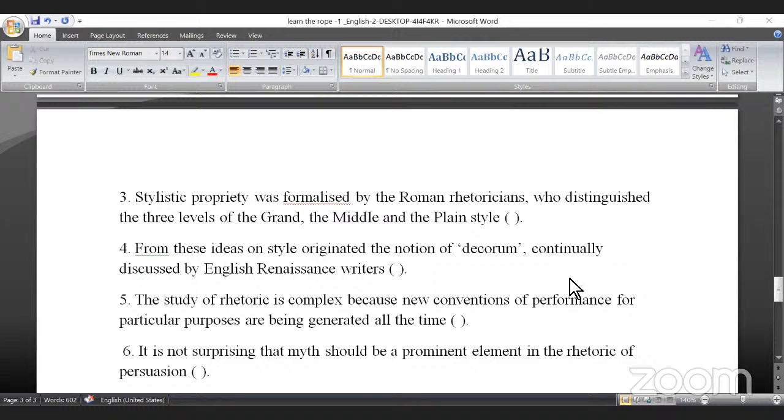Now, the fourth one: From these ideas on style originated the notion of decorum, continually discussed by English Renaissance writers. Tell me which part of this is the subordinate clause first.